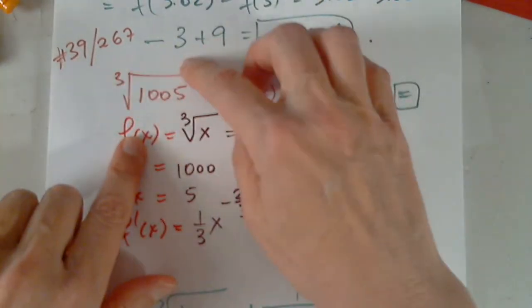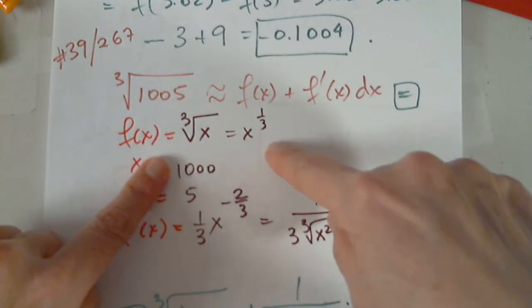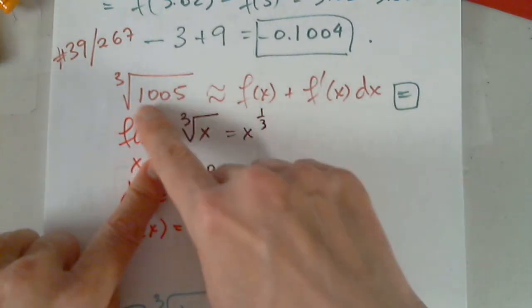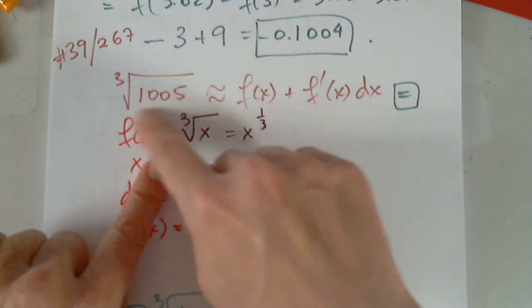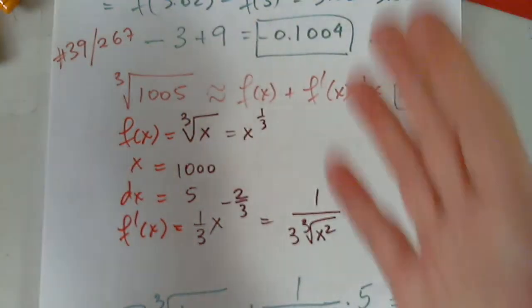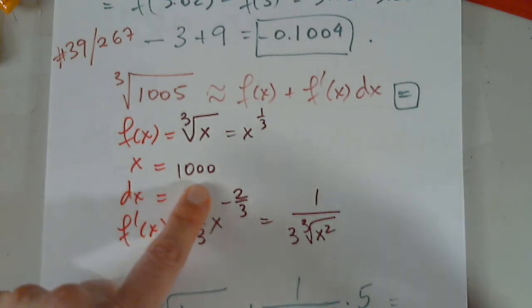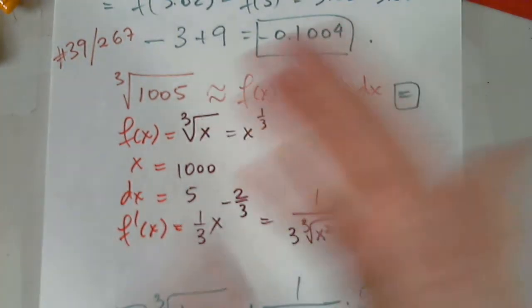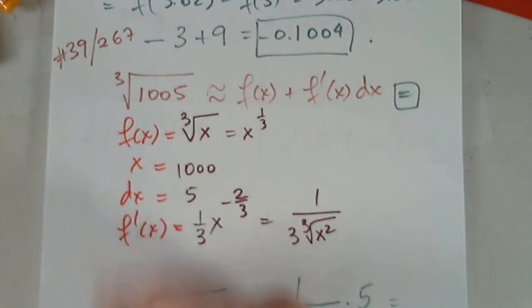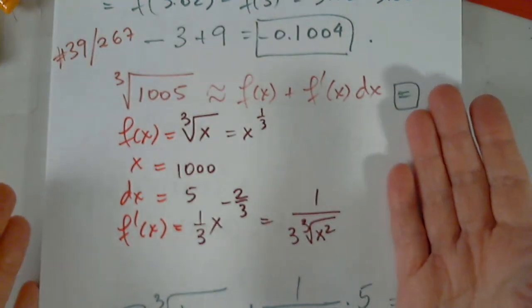So by inspection, basically. I look at the cube root. Obviously, the cube root is the function in the problem. And the 1,005 tells me that x is basically 1,000. And the minor deviation from the cube root of 1,000, which is 10, is 5.